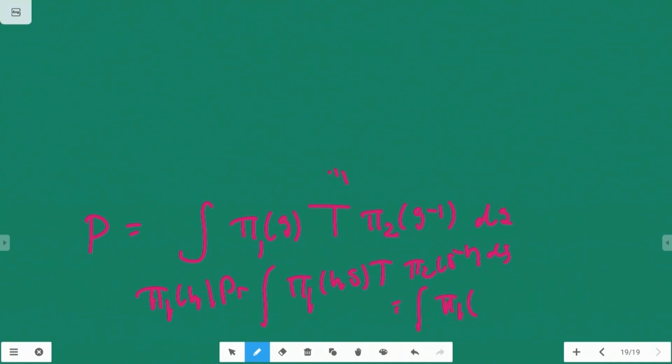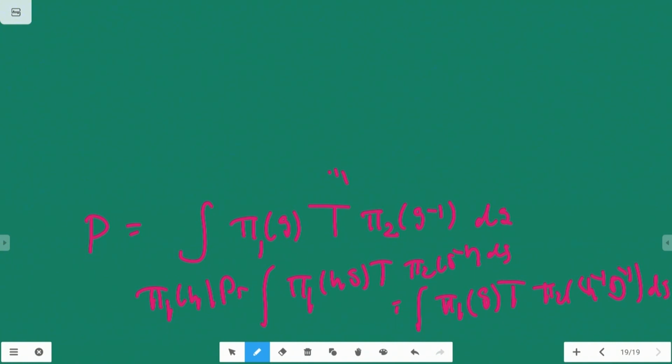which is equal to the integral of π1 of... I replace hg by g, so this becomes π2, and g inverse is replaced by (h inverse g) inverse, then dg, because it is a Haar measure which is invariant under shifts by the group.